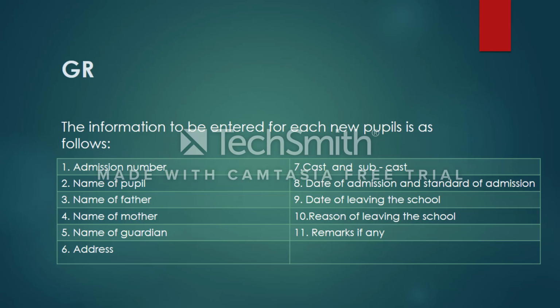So this is the reason for leaving the school. And if you have other reasons, such as moving from one place to another, you can add a remark if any. So that is also good.